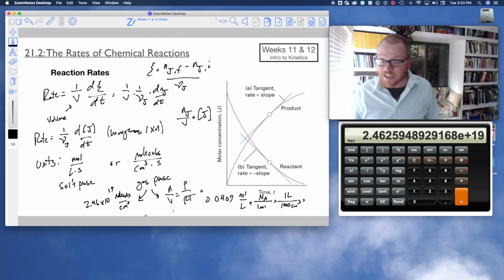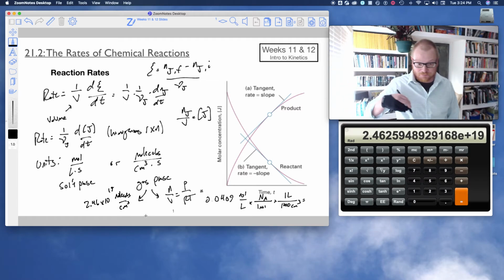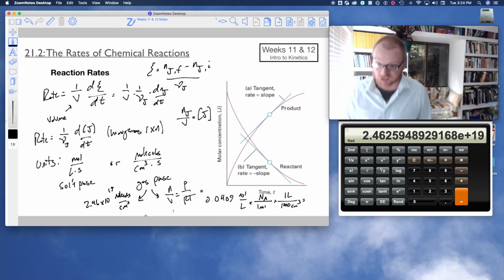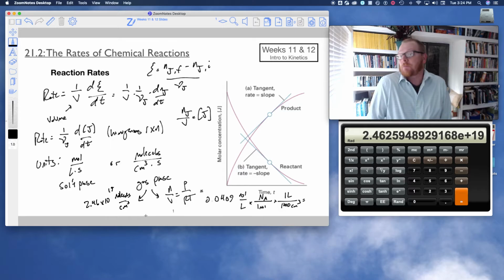That's the molecular density at atmospheric pressure. So atmospheric pressure is 2.46 times 10^19 molecules per cubic centimeter. You don't have to memorize that number unless you're like me and we use that number all the time. And so that's the number that I know, atmospheric pressure, 10^19 molecules per cubic centimeter.